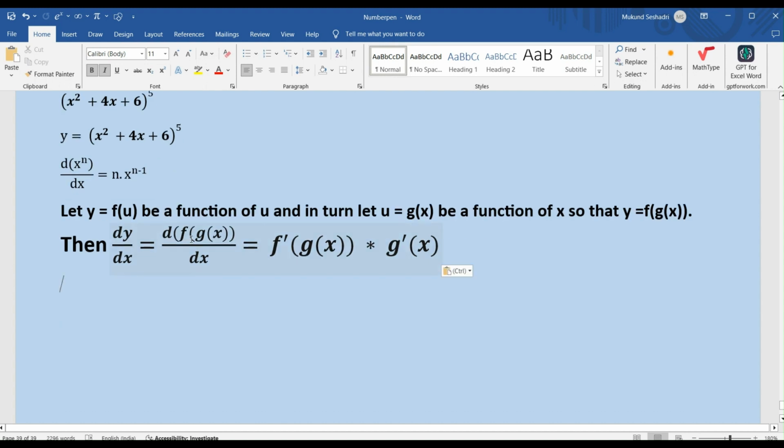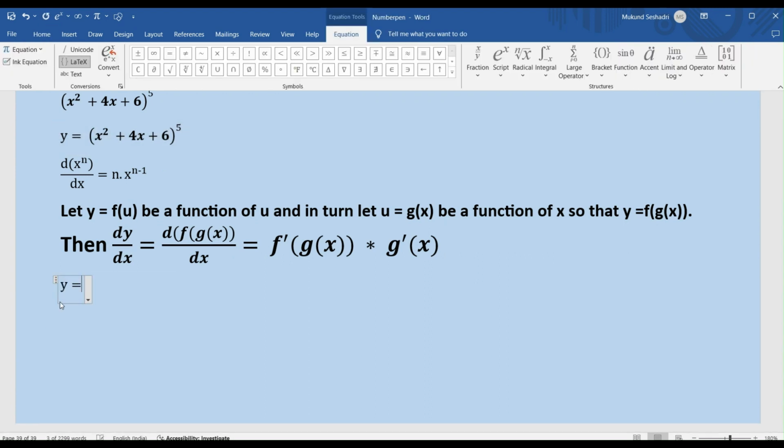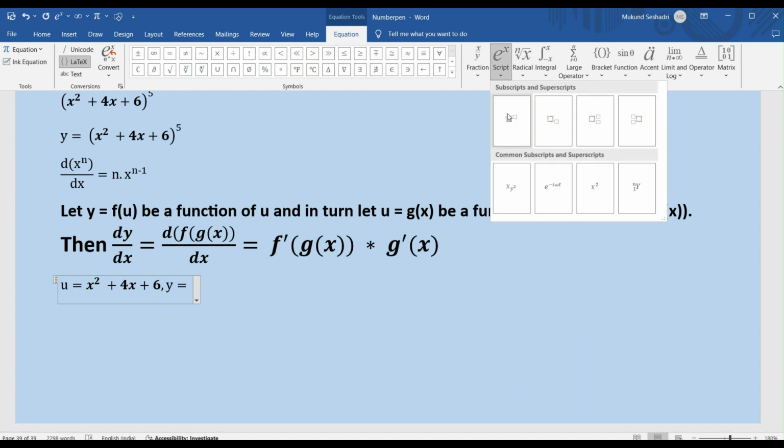So what is my u here? I will have to make a substitution of the expression x squared plus 4x plus 6 equals u. So my u in this particular case is x squared plus 4x plus 6, and therefore my y becomes equal to u to the power 5.